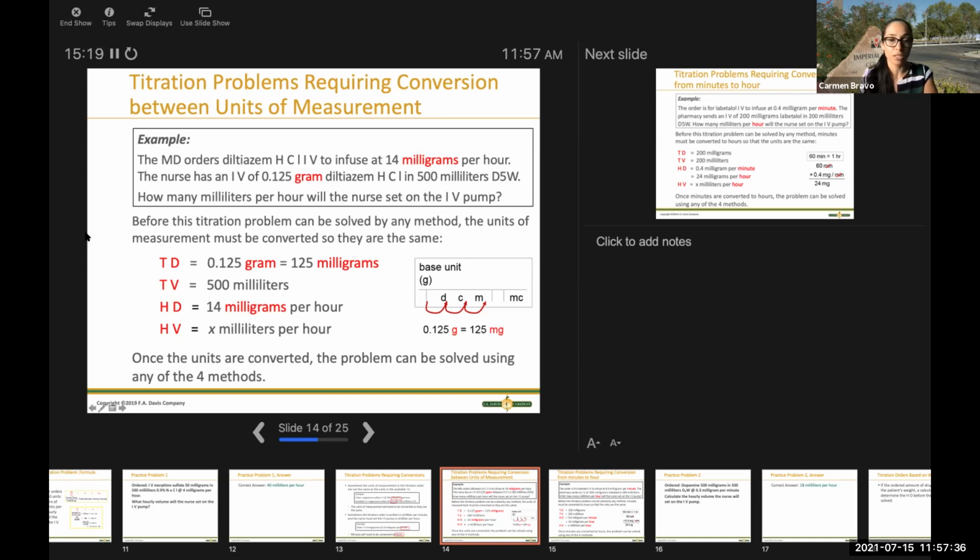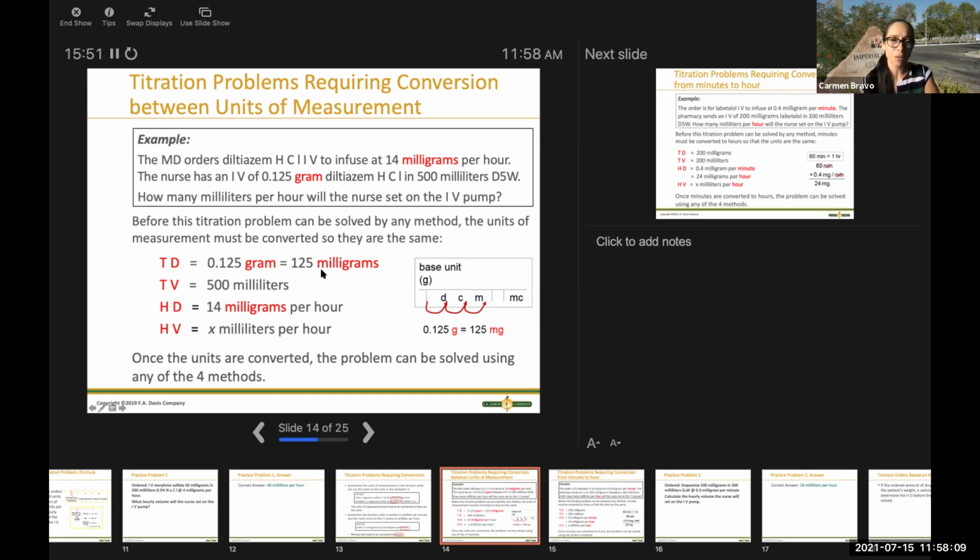You have two ways of working this out, using dimensional analysis, or much easier, if you start off with 0.125 grams, you have to convert it into milligrams. Utilizing our metric system, it's going to be 3 jumps to the right. All you have to do is move this decimal 1, 2, 3 to the right, and then you know already that 0.125 grams is actually 125 milligrams.